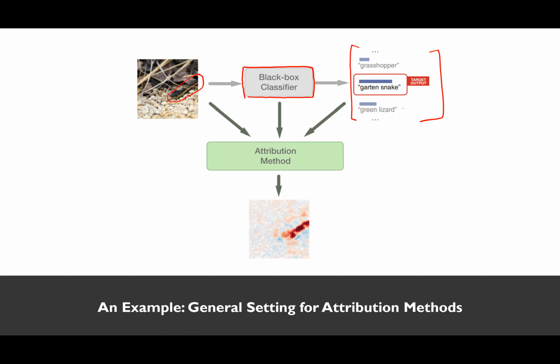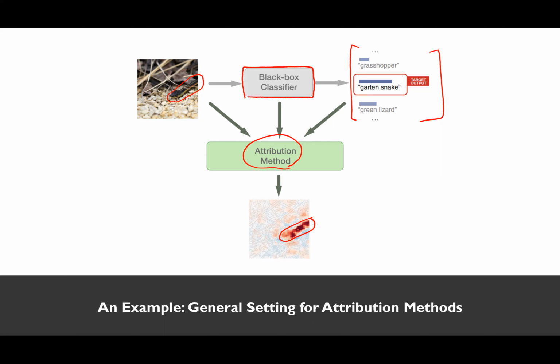And we can use multiple attribution methods to find which area, which input pixels, contribute to the classification of cartoon snake. So that is the goal of attribution methods.